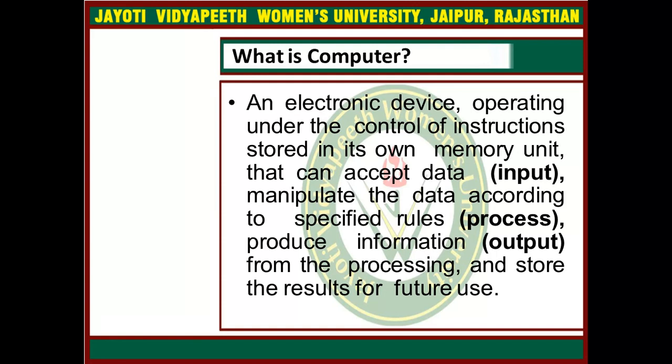So there are basically three important terms: input, process and output. Input means what we give, and the process is the processing required for the task. So the final product is, you can say, the output.